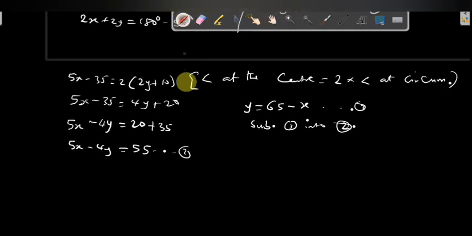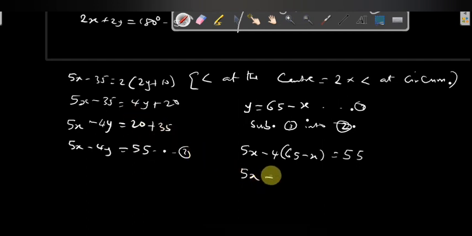So I'm going to have 5x minus 4 times, wherever I see y, I put 65 minus x, is equal to 55. So that's 5x minus 4 times 65, that's equal to 260. Minus times minus is plus 4x, is equal to 55.